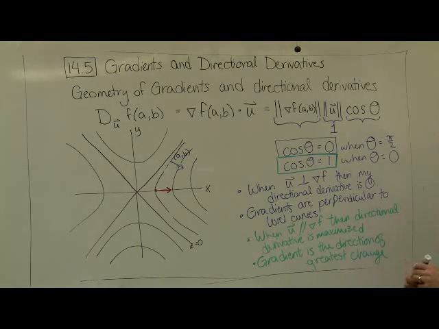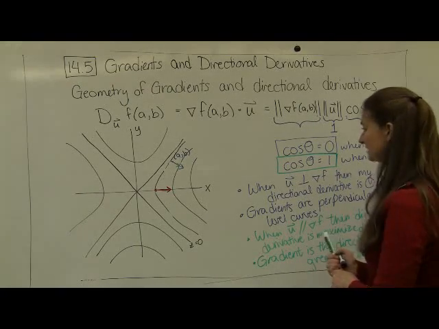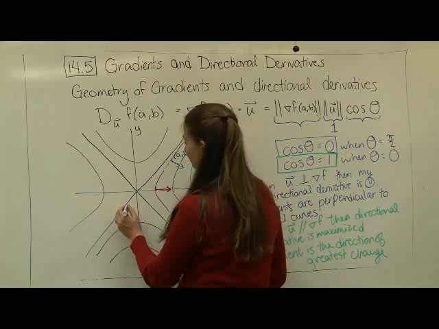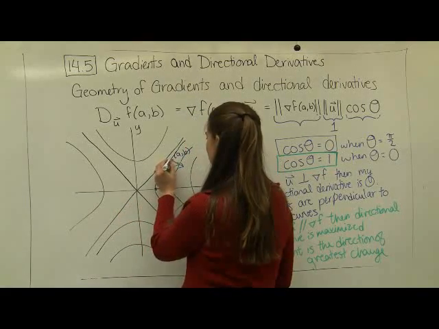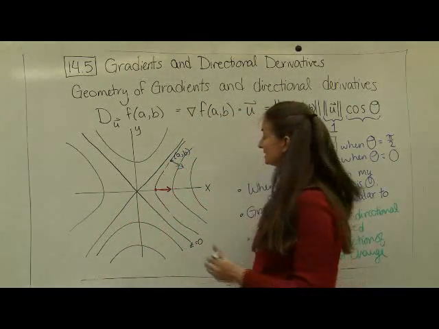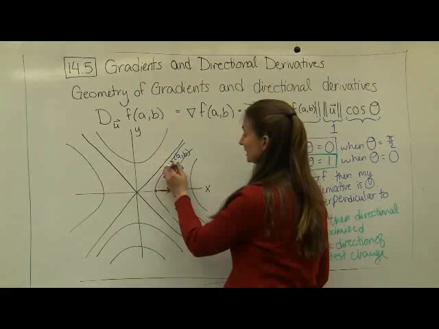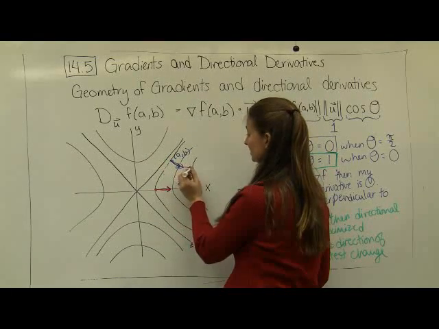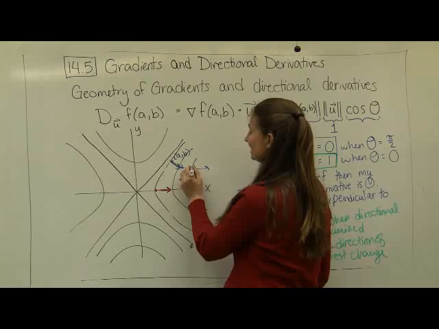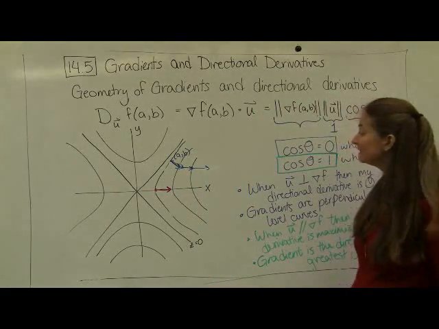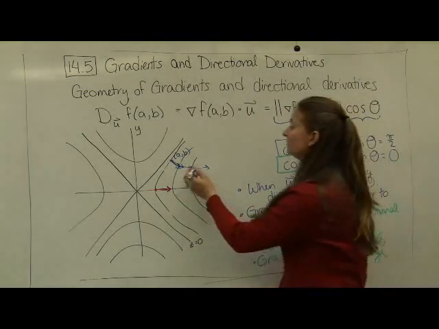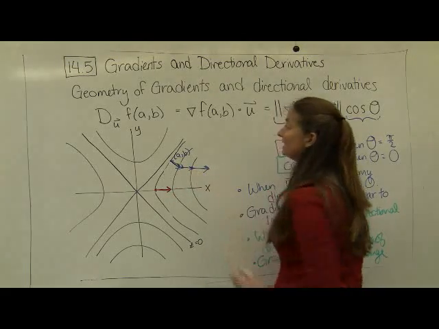So previously we had talked about paths of steepest descent. If I start at some point (a, b) and I want to know what is my path of steepest descent, the path of steepest descent is to always go perpendicular to the level curves. That's something that we talked about before. And at any given point along here, that path of steepest descent is going to be following along exactly what the gradient measures.